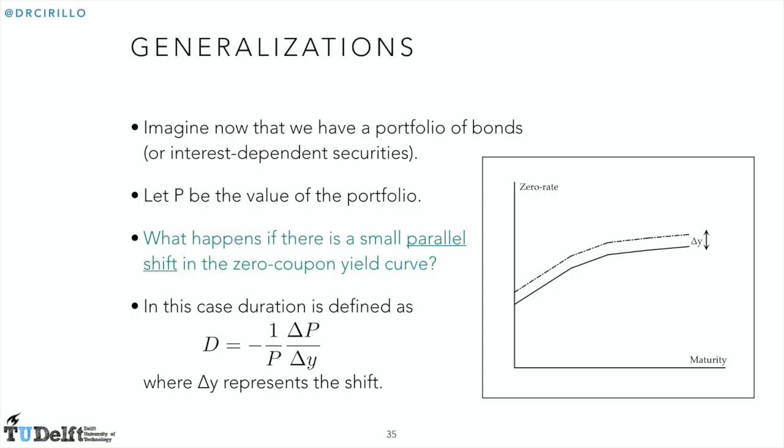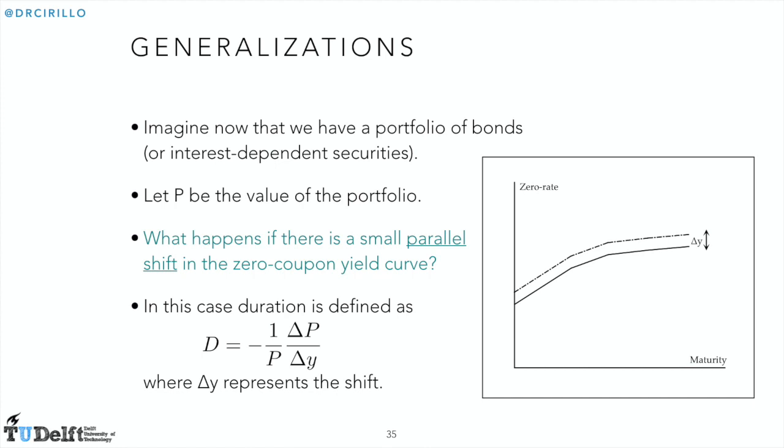The simplest one is just to assume that there is a shift in the yield curve. So the yield curve was this one, the bold line, and now it's the dashed one. So it is moved up by some quantity or moved down, but it's a parallel shift. The entire curve is shifted.